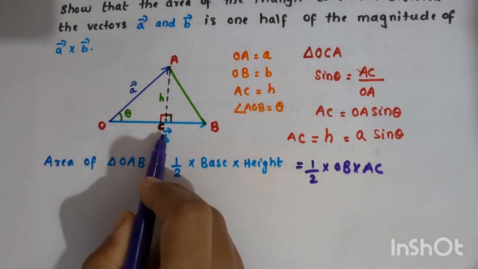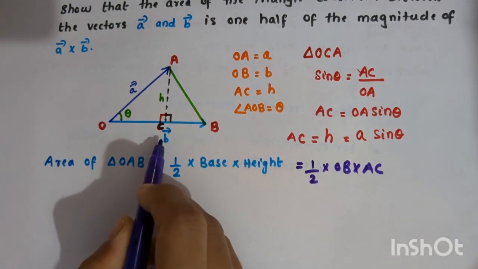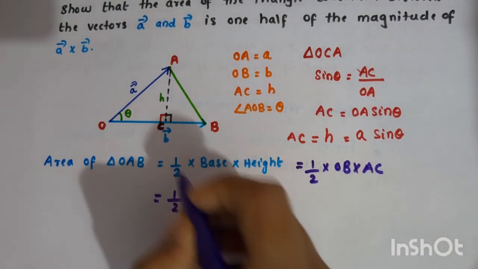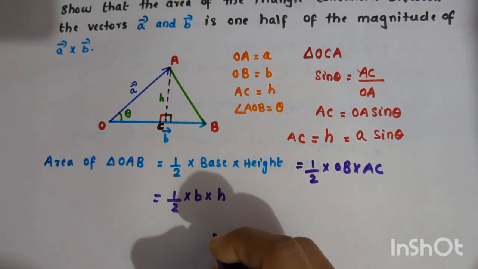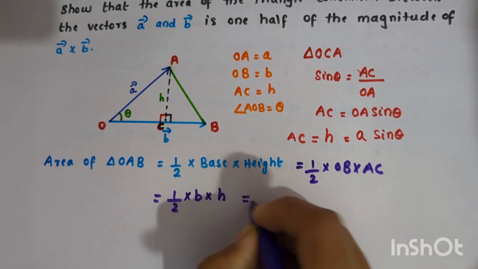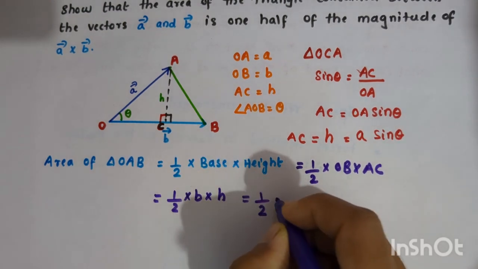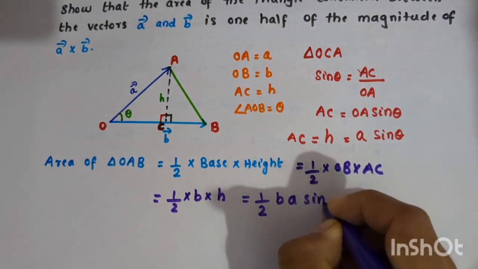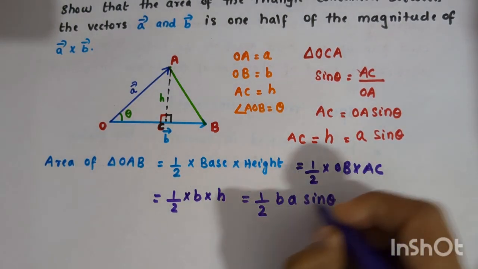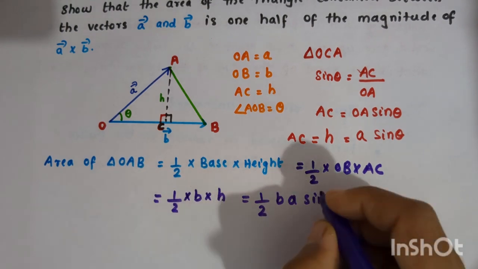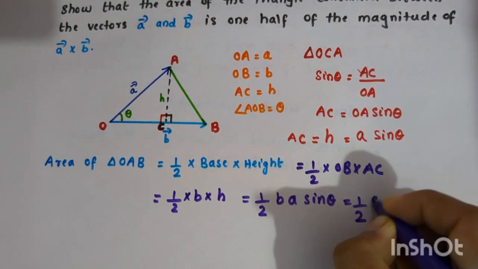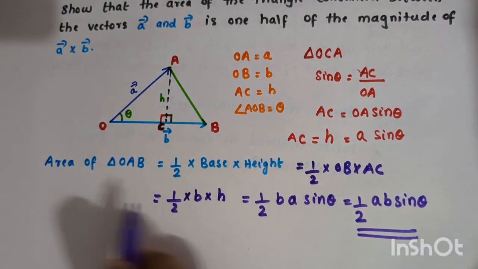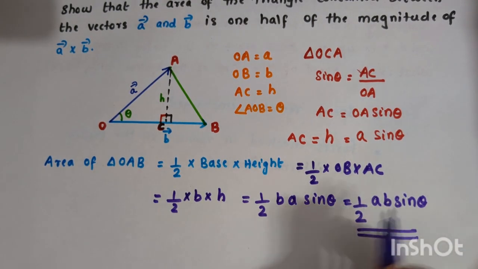OB is the magnitude of vector B, which is B, and AC is the height H. This can be written as half into B into H, and H is A sin theta. So the area of triangle OAB is equal to half into A into B sin theta, that is, half AB sin theta.